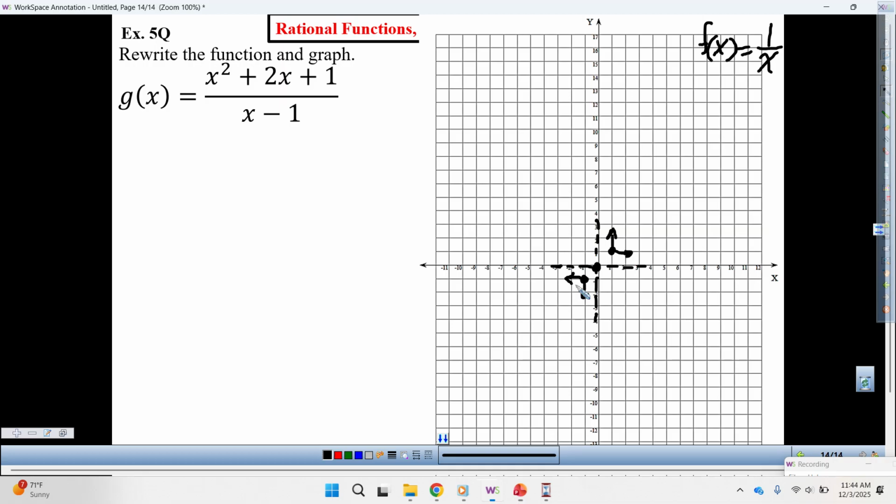What do we do next? Tell your neighbor. Long division. X squared plus 2x plus 1 divided by x minus 1.